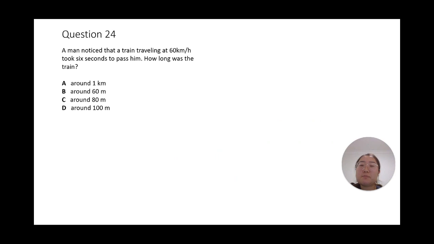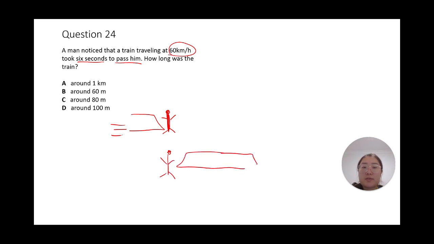24. This is a speed related question. So this train is traveling at 60 kilometers per hour and it took 6 seconds to pass him. So imagine that the train is coming here through a tunnel, okay, and from the point where the man starts, okay, and he sees the train, okay, it's moving this way, by the point where the train is going this way and it's already gone past him, okay, this length would have passed him fully.